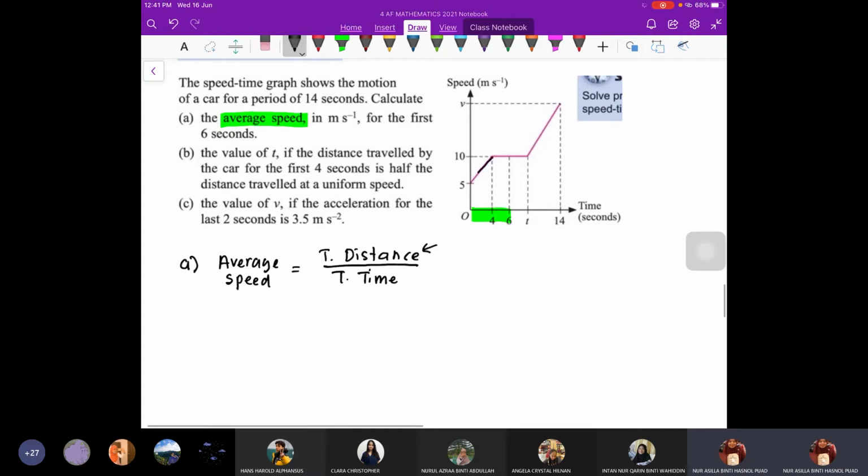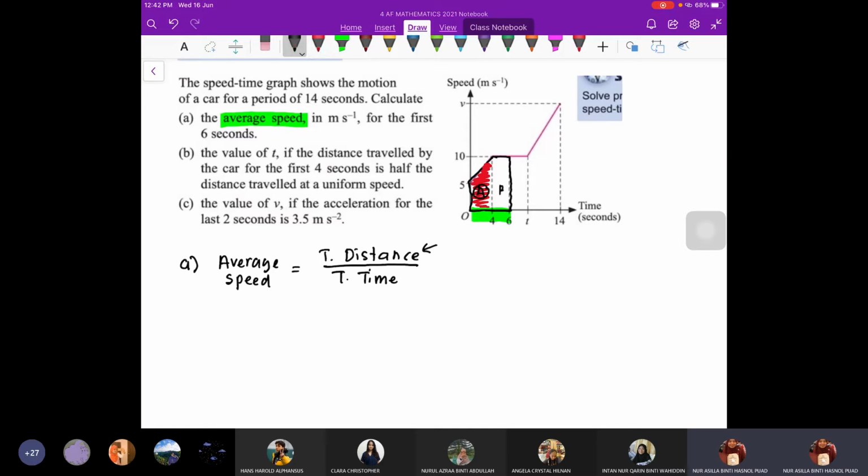So, jadi area under the graph for this thing. So, sekarang kena decide. Adakah ini trapezium? Bukan. This is not a trapezium. Trapezium hanyalah 4 saat yang pertama saja. Itu bentuk trapezium.